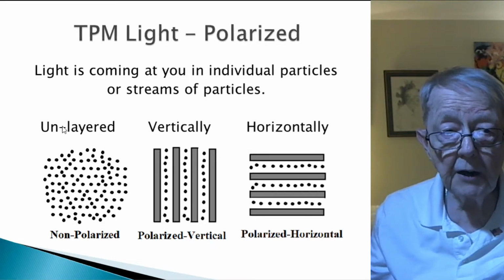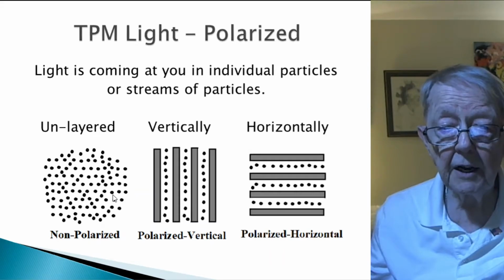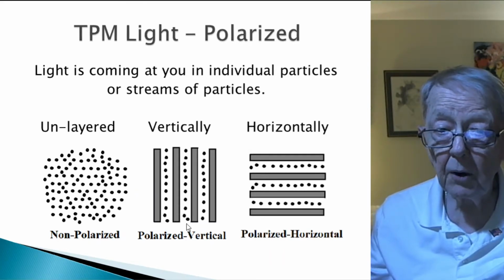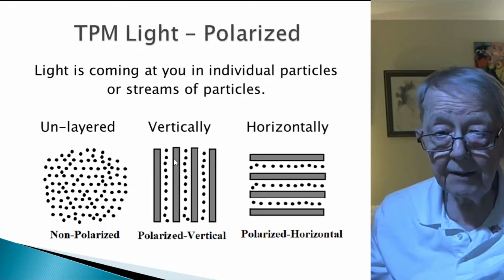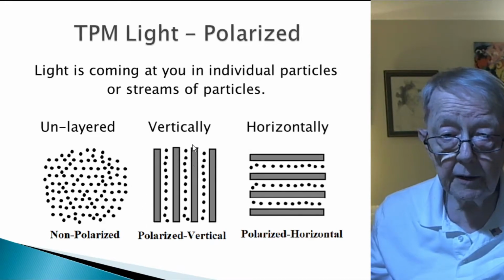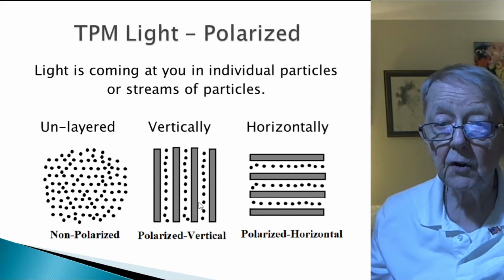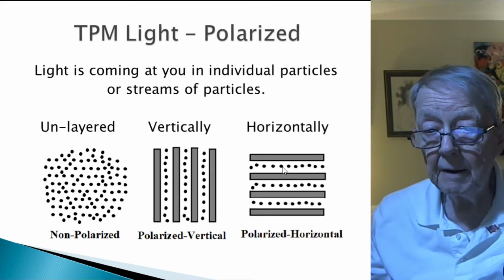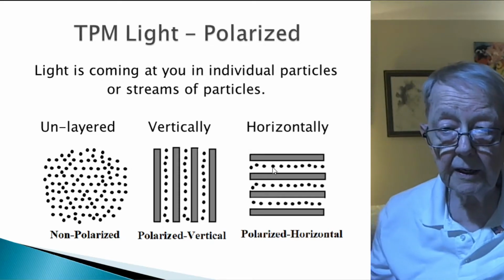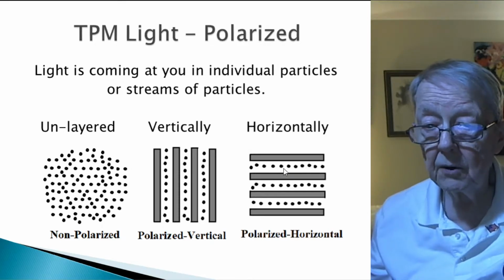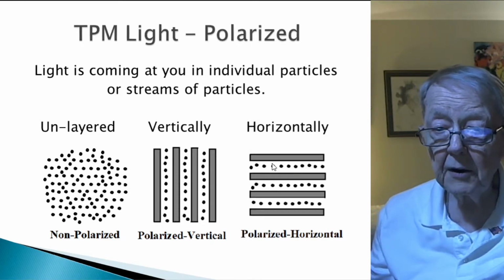Now, when this unlayered or non-polarized light hits a vertical polarizer, then some of them get blocked, but the ones in between come through, and that's vertically polarized light. And you have a very similar pattern, only it's horizontally polarized.